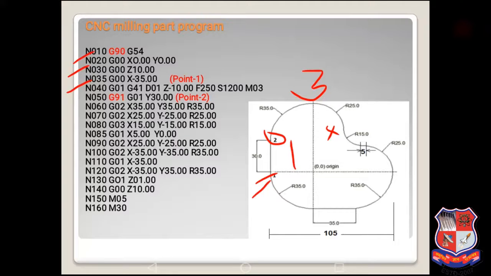So we use G00 command with the Z value of 10 mm, and then stop the program and rewind it.